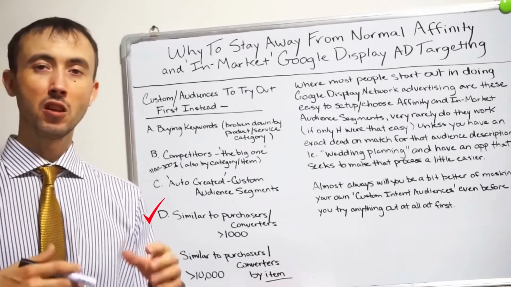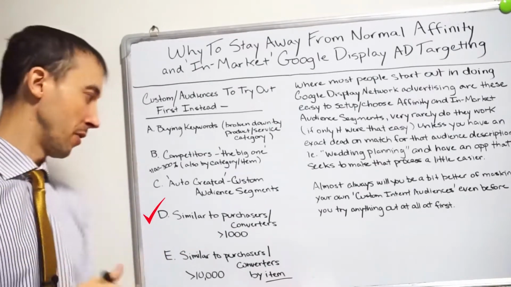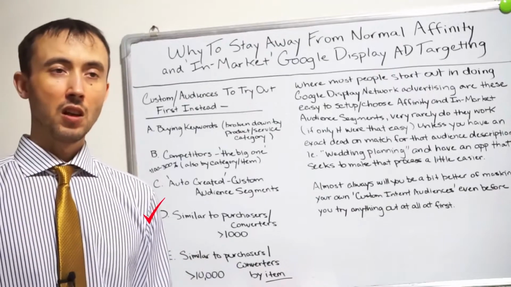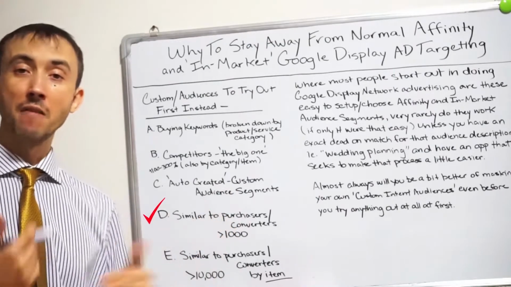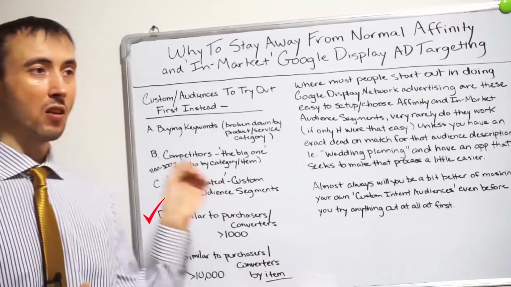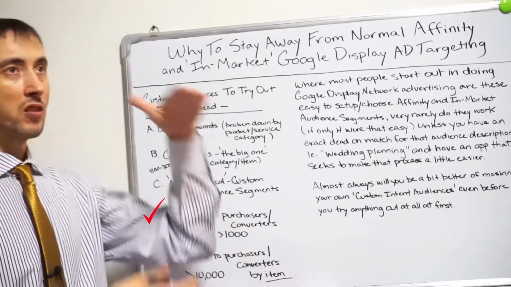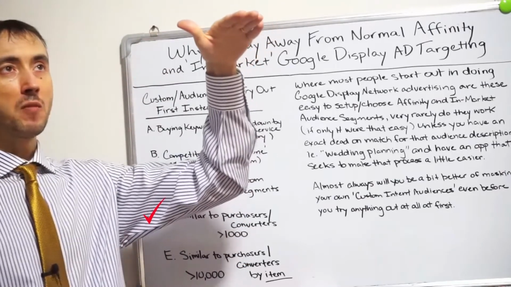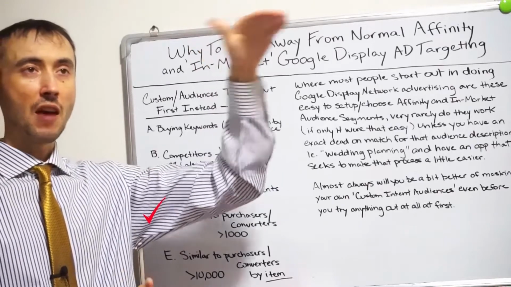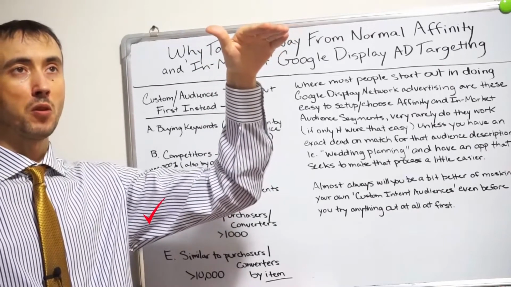Because it's going to look at all the purchasers you have that are coming through, you'll need about 1,000 to for sure have it pop up and have that audience be reliable. But again, similar to how I described before, it's going to look at all of the million possible data points that they have on all their users coming from Google.